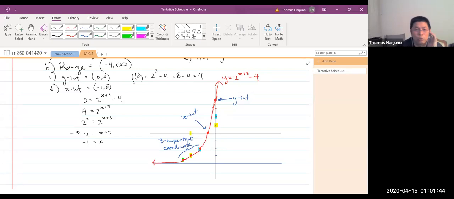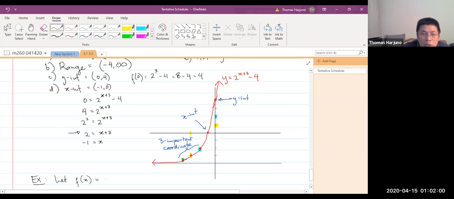Now I would like you to do one graphing. You try this. For example, let f(x) equal negative 2 to the x minus 3 plus 4. Okay, you try.